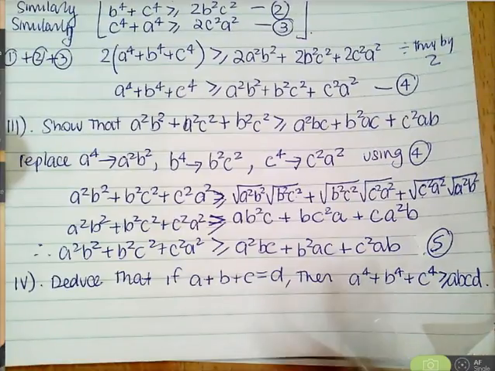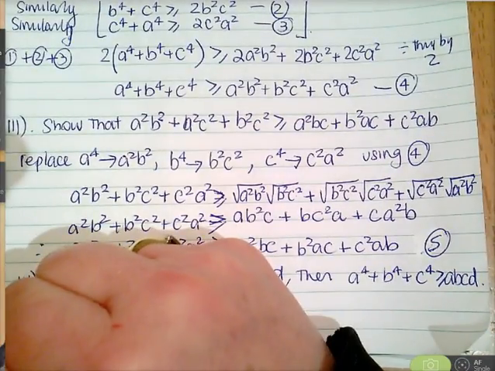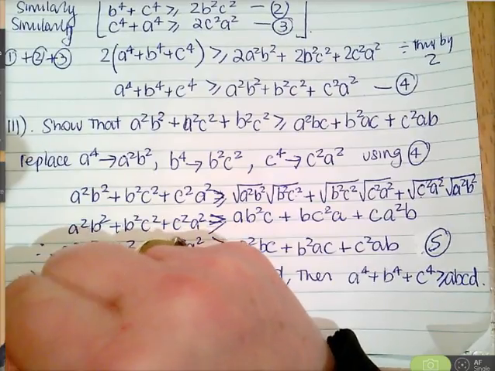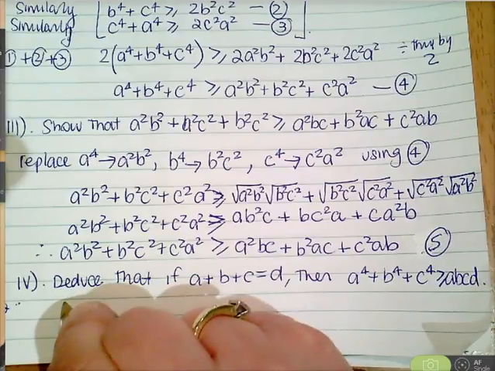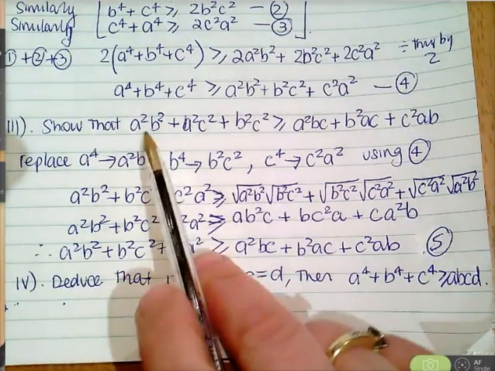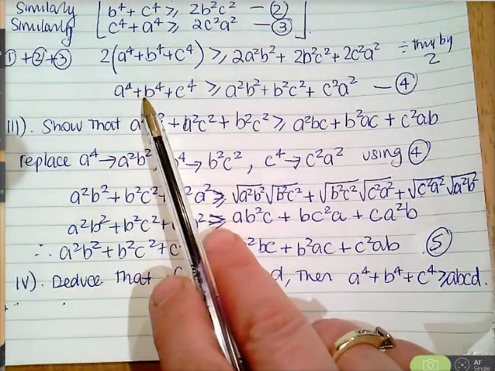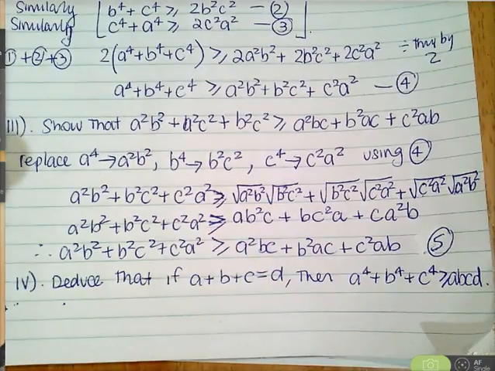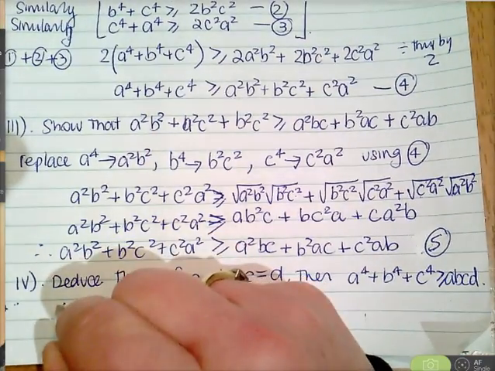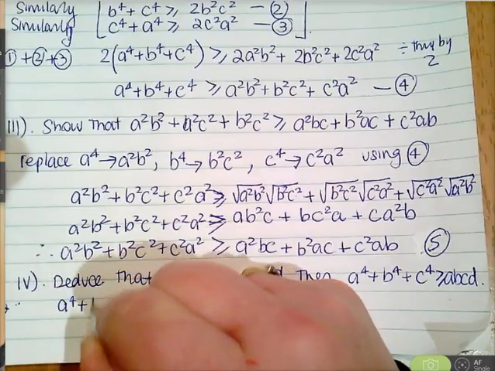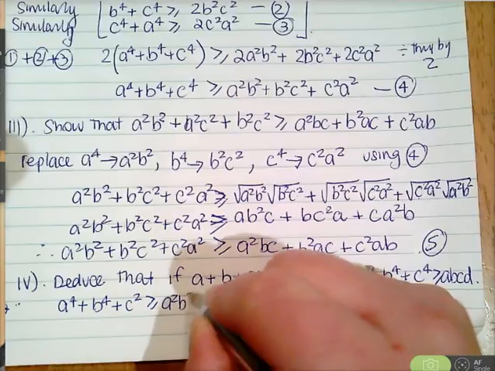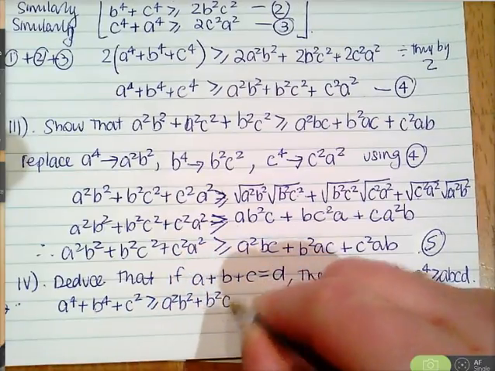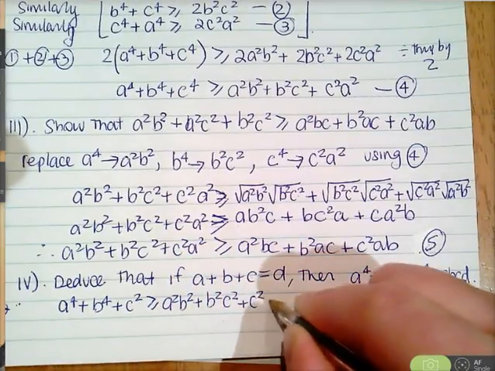Now, we can use this from part 5. So equation 5, or from part 3, we know that, what do we know? One sec, I'm just looking for it. Now we know that from part 2 that A^4 plus B^4 plus C^4 is greater than or equal to A squared B squared plus B squared C squared plus C squared A squared.